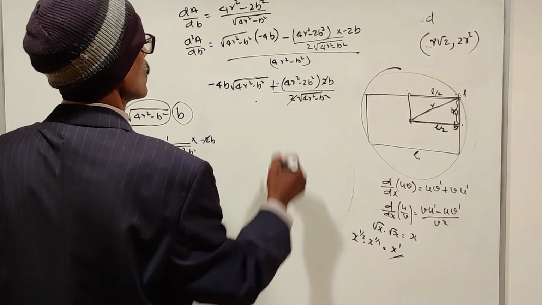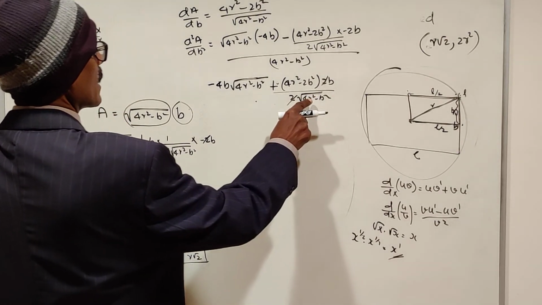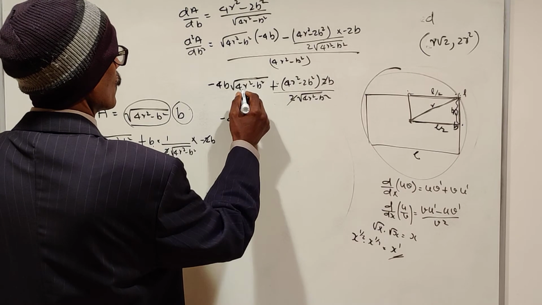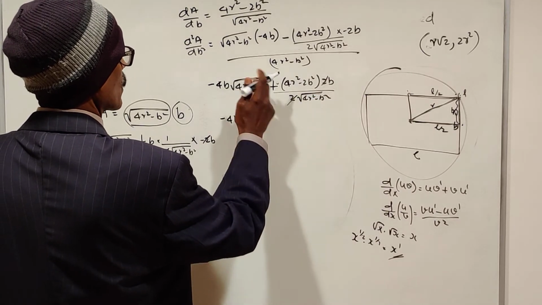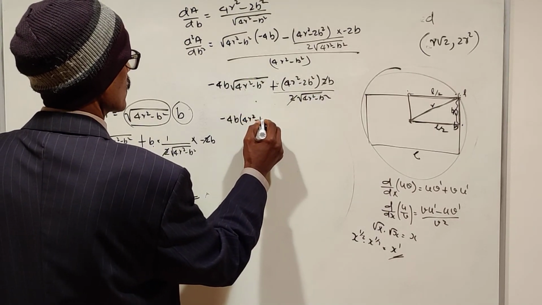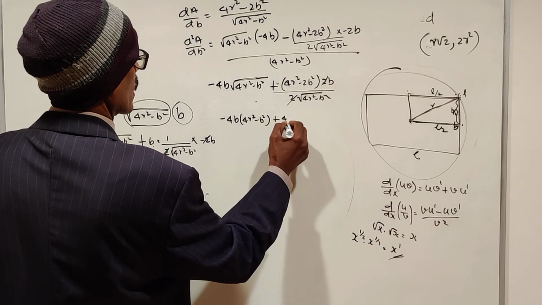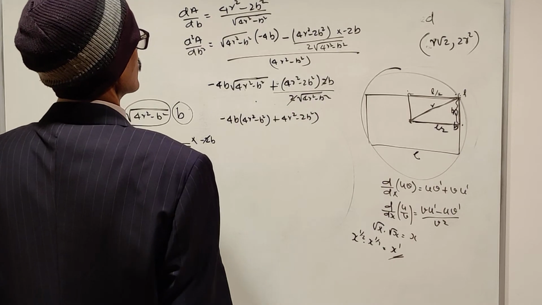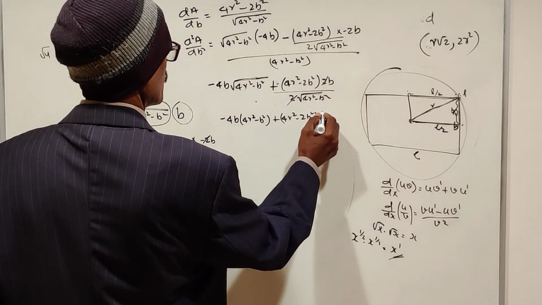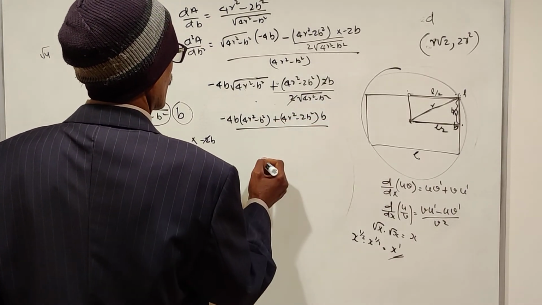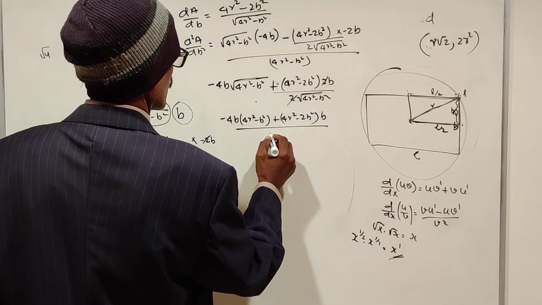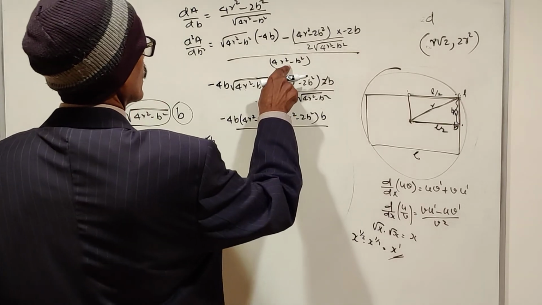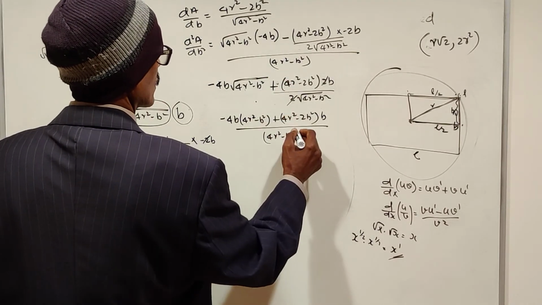You can cancel out 2 and take the LCM. So minus 4B into square root of 4R square minus B square plus 4R square minus 2B square into B, by 4R square minus B square raised to half plus 1, that is 3 by 2.